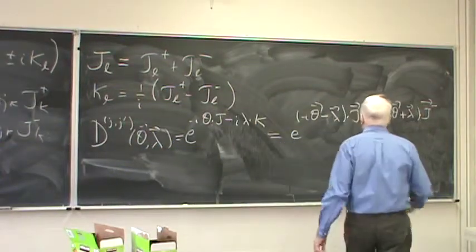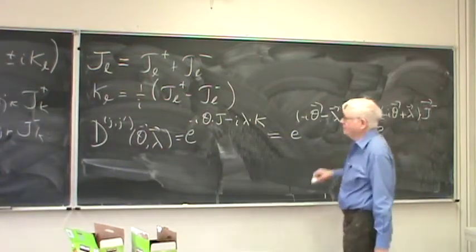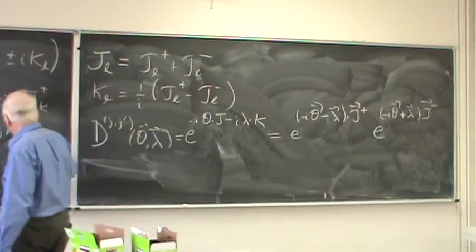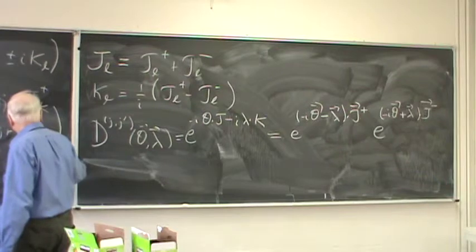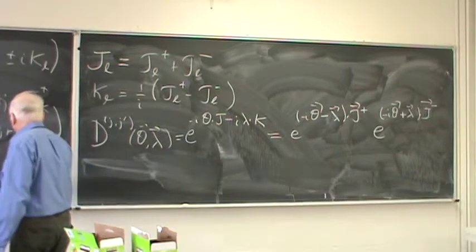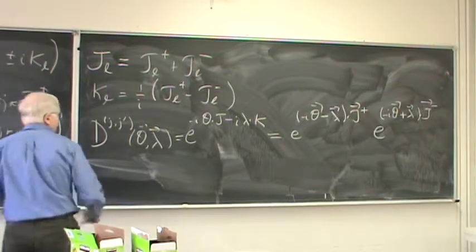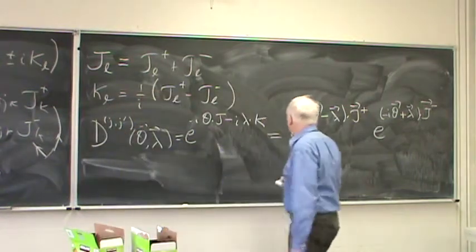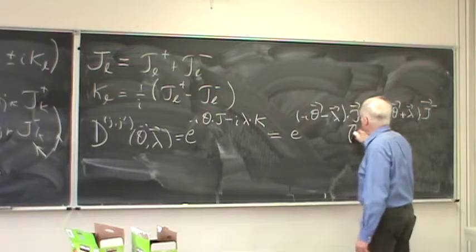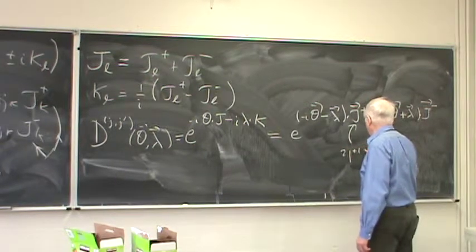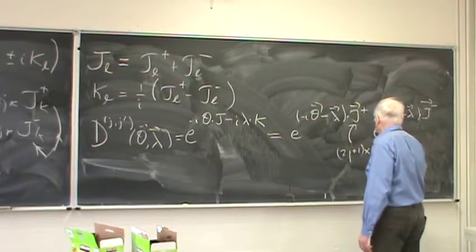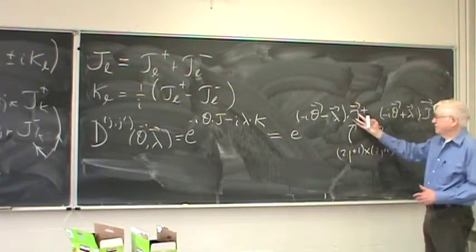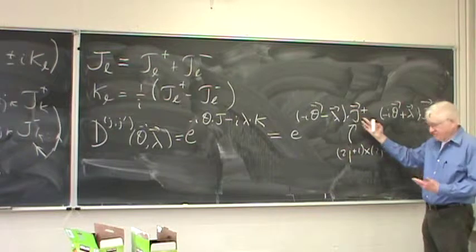And consequently, since I have a J here, what does that mean? That means that these guys are 2J plus 1 by 2J plus 1 dimensional matrices. In fact, Hermitian matrices, and there are 3 of them.